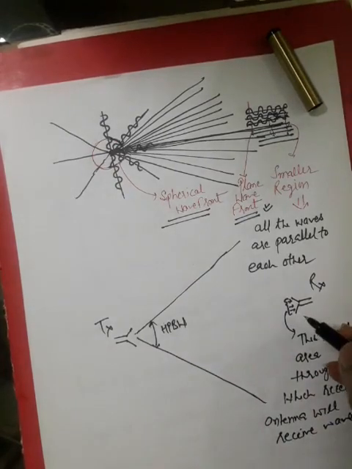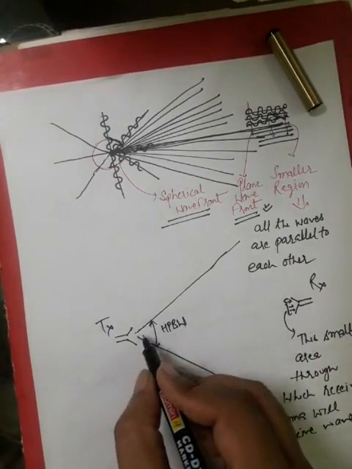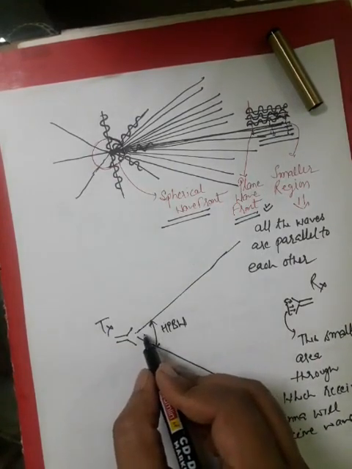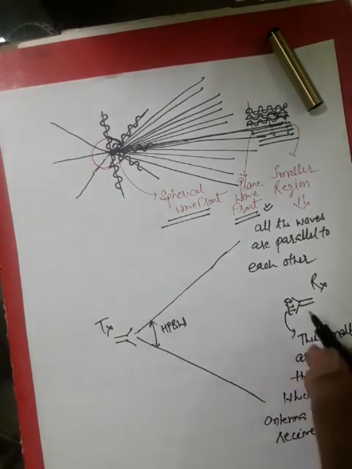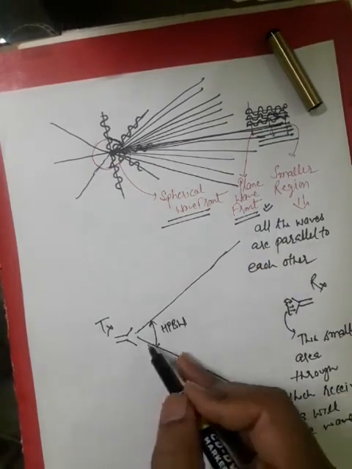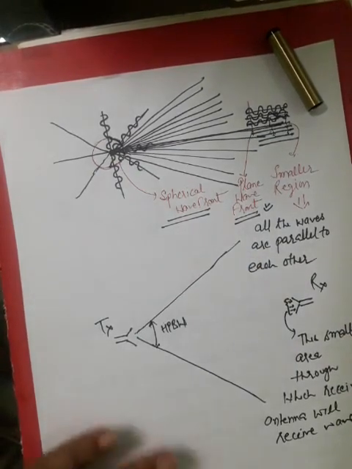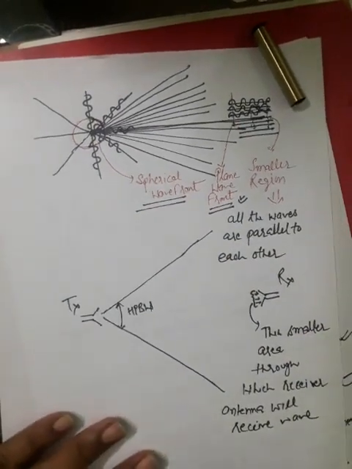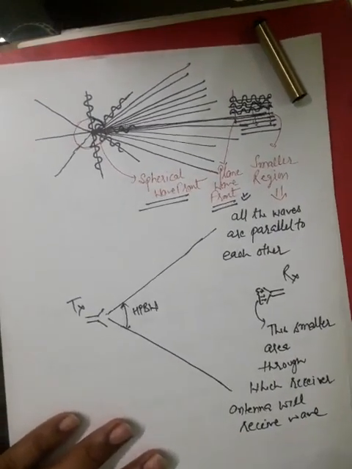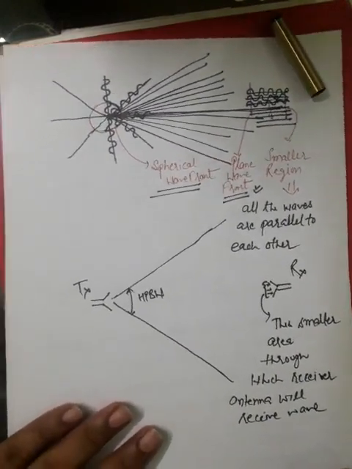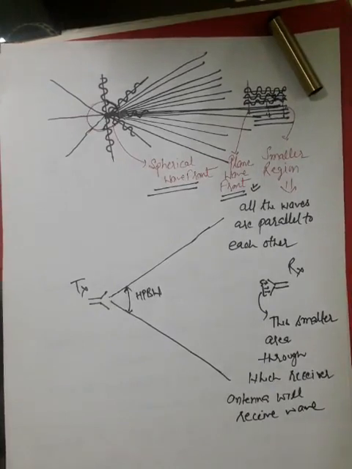But if you shift this antenna to a location very near to the antenna, instead of receiving a plane wave front, it will receive a spherical wave front. So this must be clear to you, why we are segregating these different field regions.